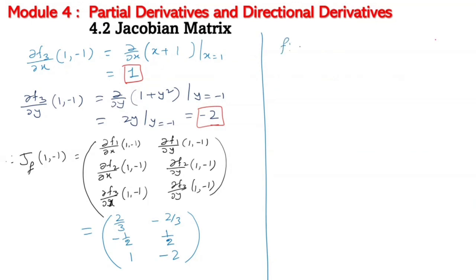So note here, f was from R2 to R3. So the expected matrix JF(1, -1) should be in the class M3 by 2. So this matrix has 3 rows, 2 columns. So that's all.